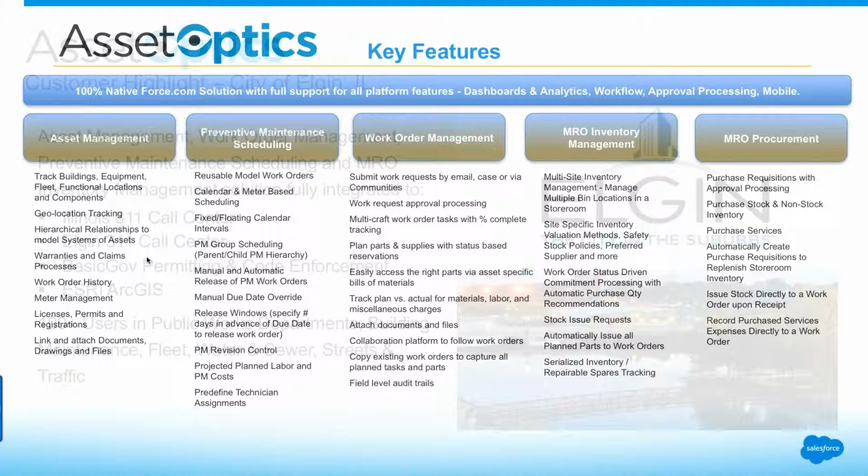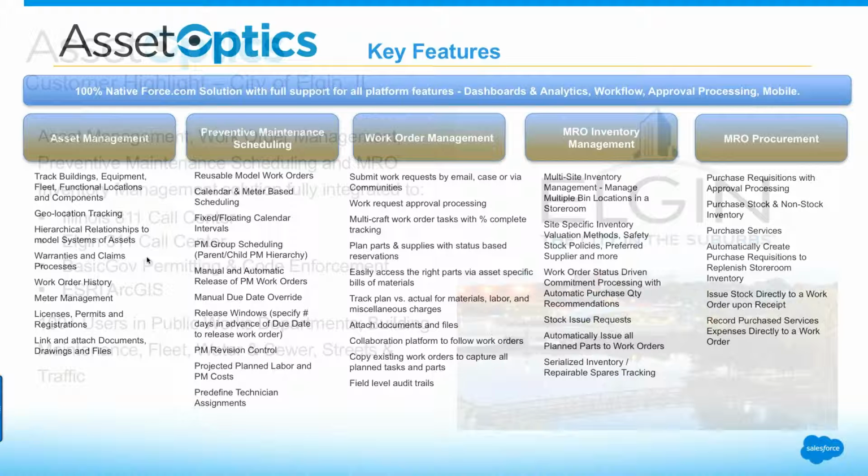So the PM system generates work orders from the work order templates, or what we call the model work orders. Work orders can also be submitted directly from end users. If you think about handling the break-fix work order business problem, we have a variety of ways that work orders can be submitted.